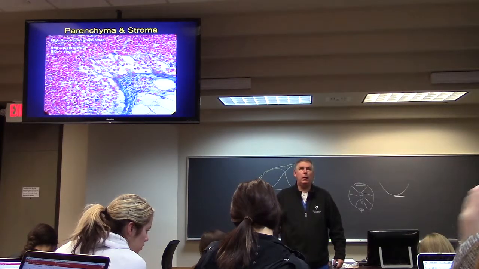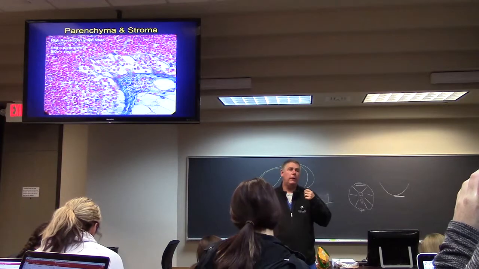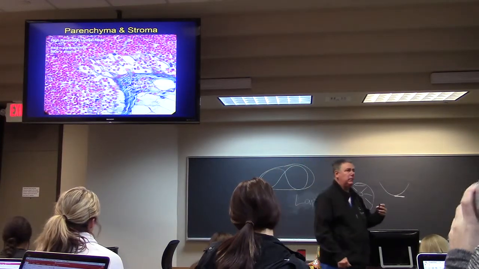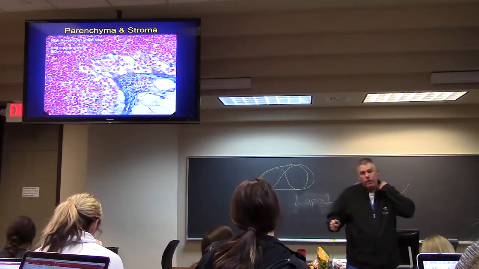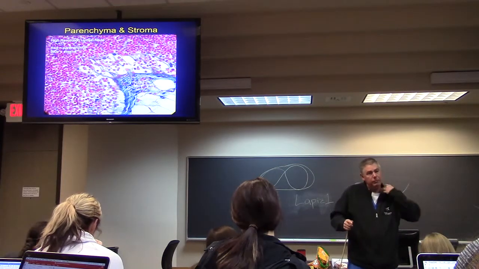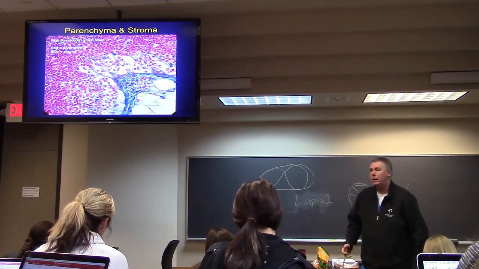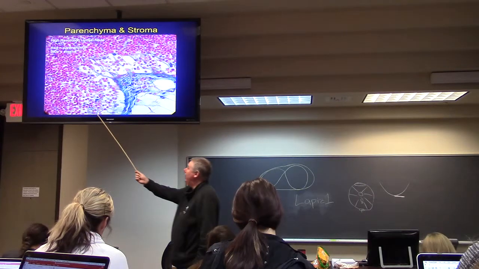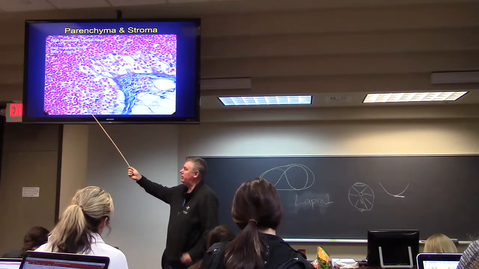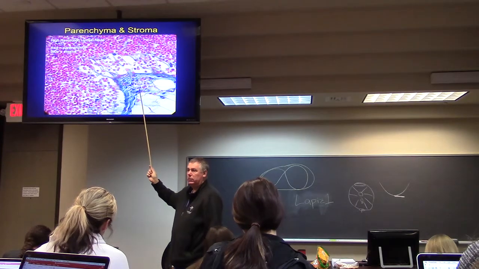When you look at a lymph node like this, this is not just an exercise knowing the difference between parenchyma and stroma. When you have Hodgkin's lymphoma, which is probably the most common type of lymphoma, it involves actually not lymph nodes, not lymphocytes, but the stromal cells.